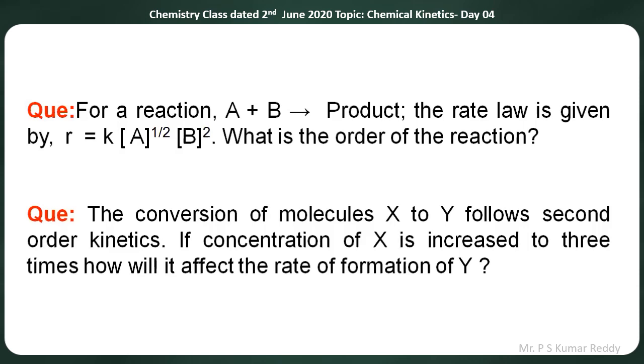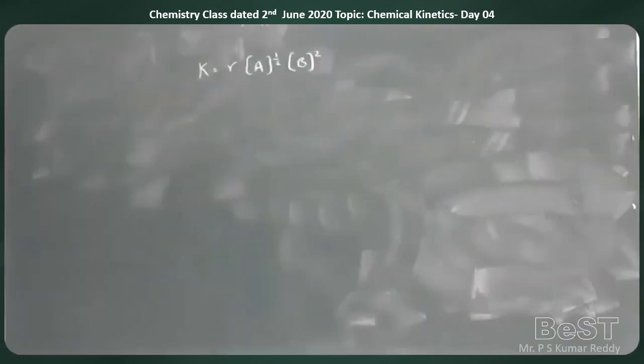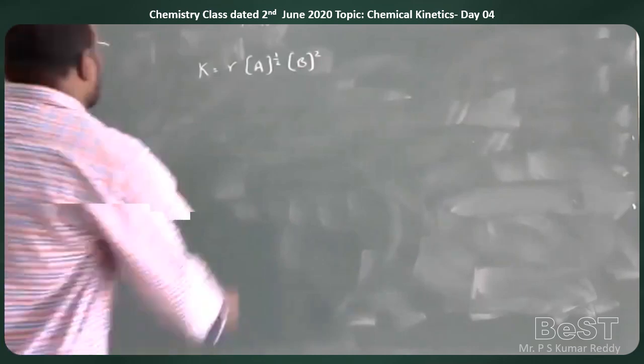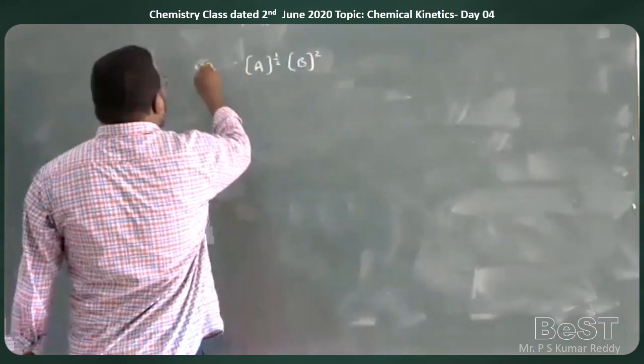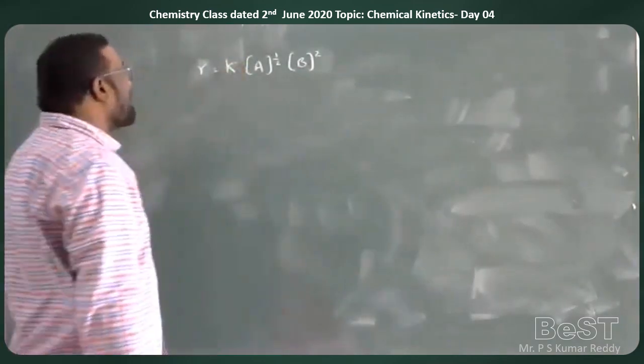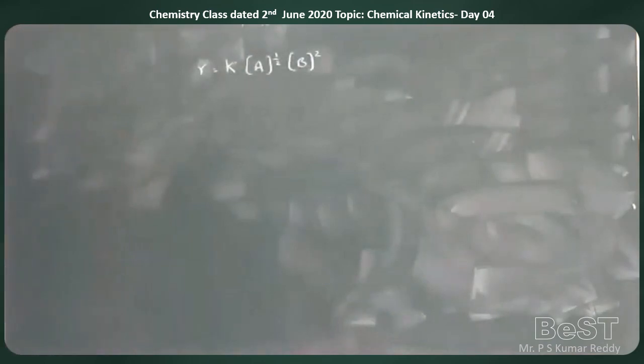What is the order of the reaction? Order of the reaction is the sum of powers of concentration terms in an experimentally determined rate equation. They have given the experimentally determined rate equation as R is equal to K into concentration of A to the power of half into concentration of B to the power of 2.